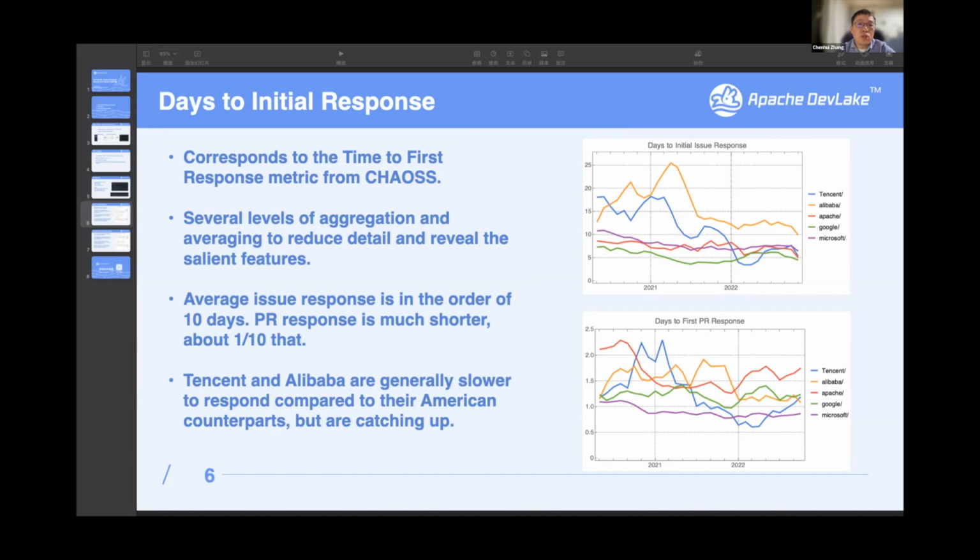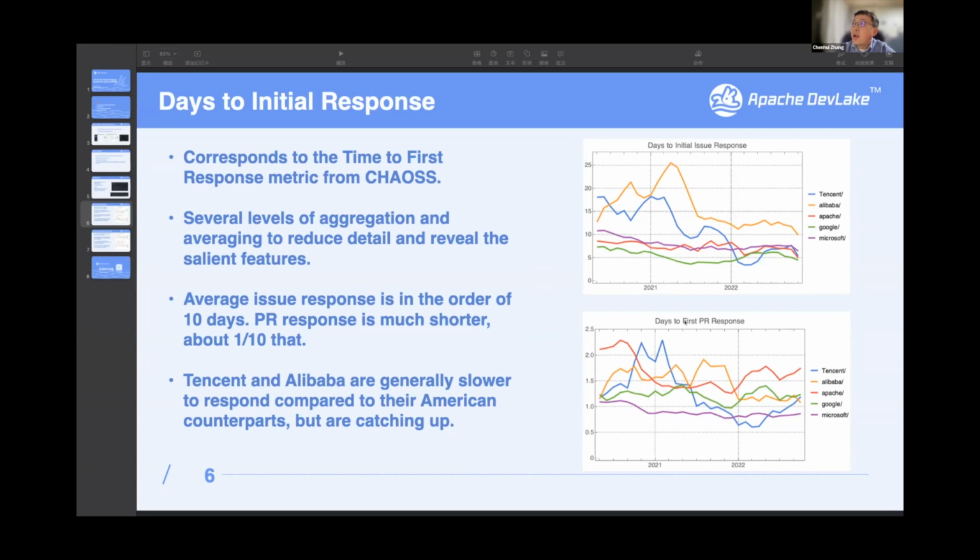The charts also show that Tencent and Alibaba are generally slower to respond compared to their American counterparts. The good news is that they seem to be catching up this year. So I'm referring to this chart at the bottom. You can see that the blue line is Tencent.